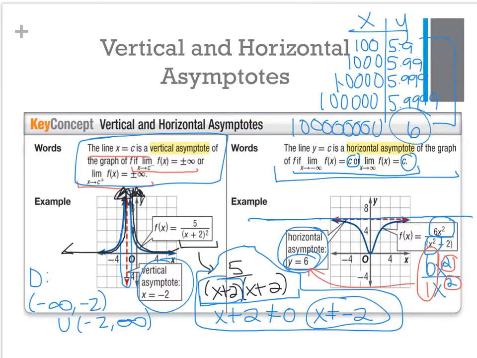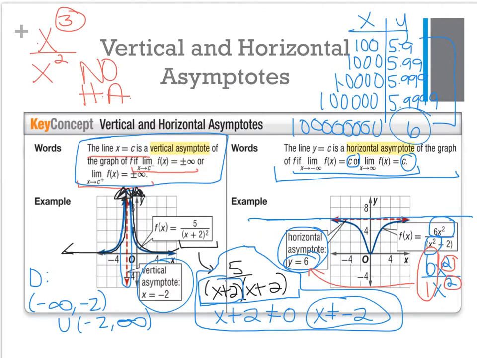Now, if your degree is larger, let's say we had an x cubed on top and an x squared on bottom, our degree is larger in the numerator than in the denominator. There is no horizontal asymptote then.